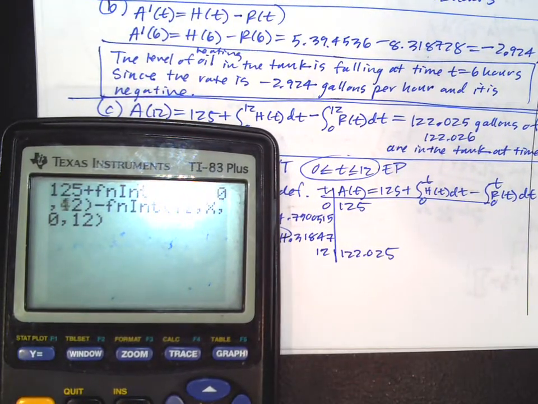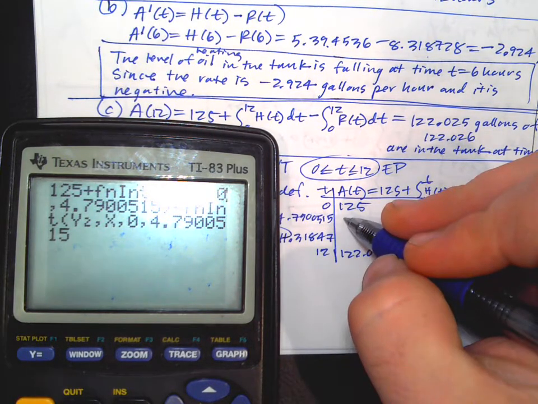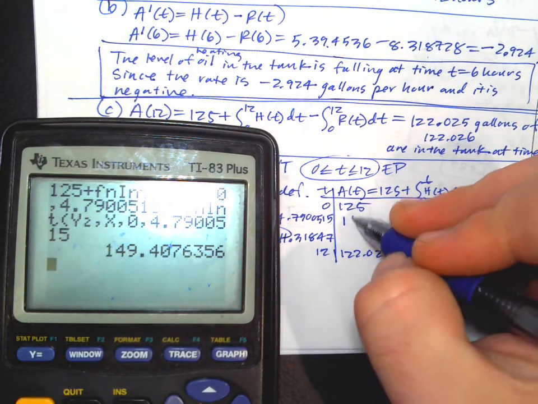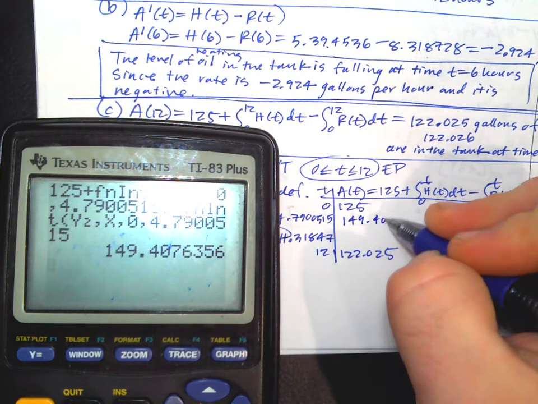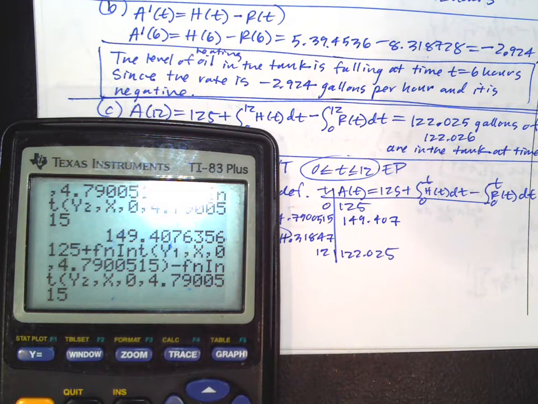So 4 point, and then I have to do second insert 7900515. So it pushes everything over here. And then this would be 4.7900515. And we get 149.407.